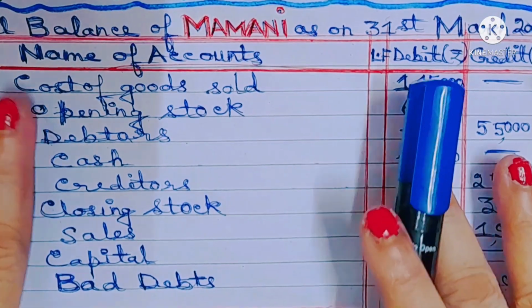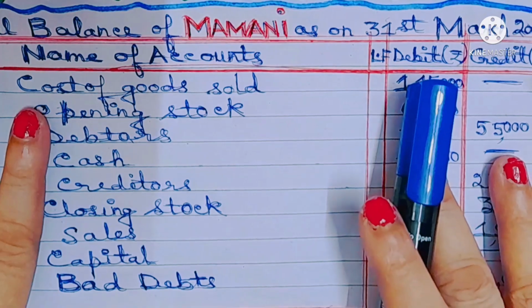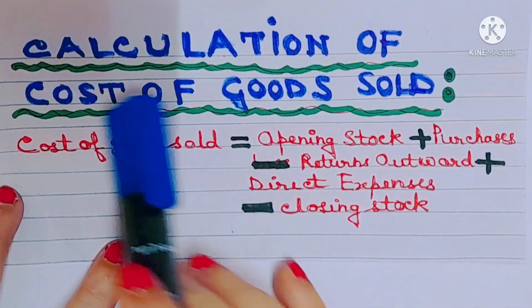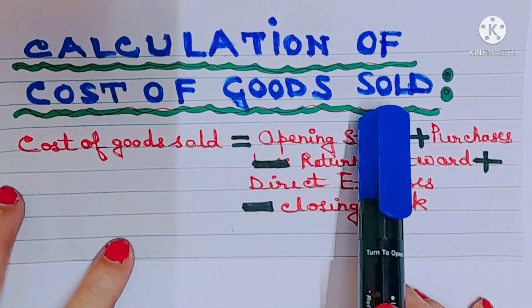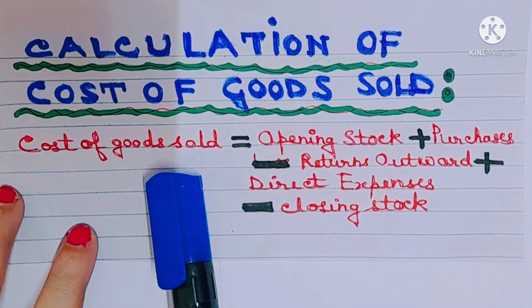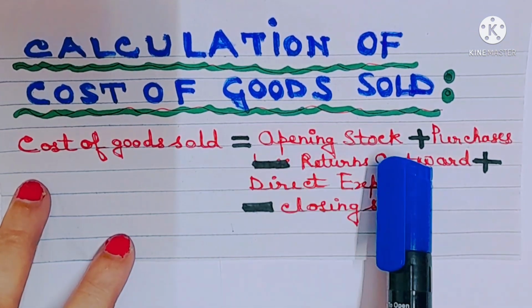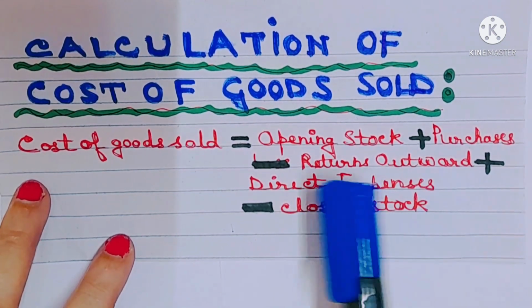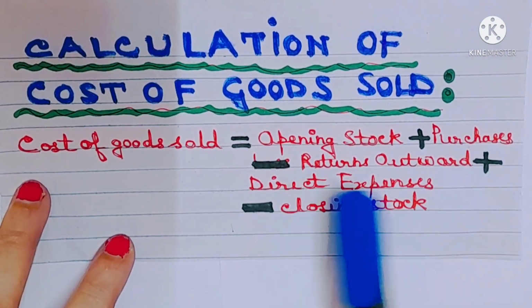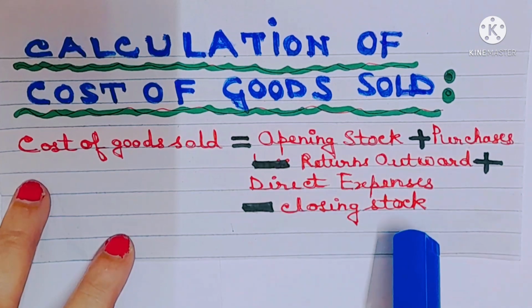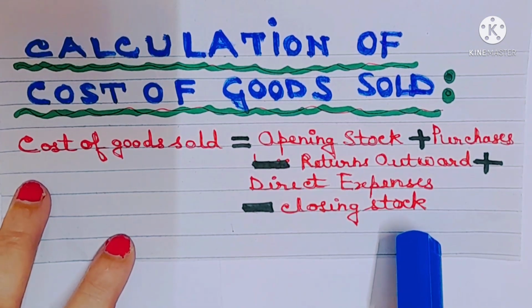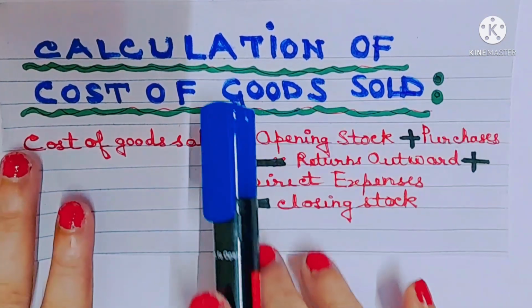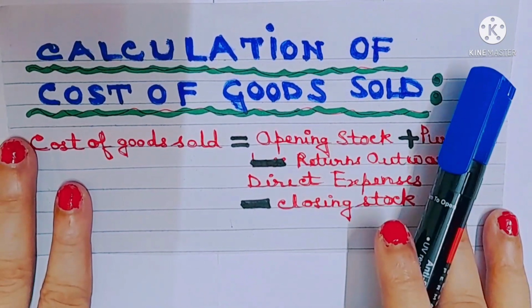So how to calculate the cost of goods sold? Let me show you. Now see the calculation of cost of goods sold. Cost of goods sold is equal to opening stock plus purchases minus returns outward or purchase returns plus direct expenses minus closing stock. Understood? This is how cost of goods sold is calculated.